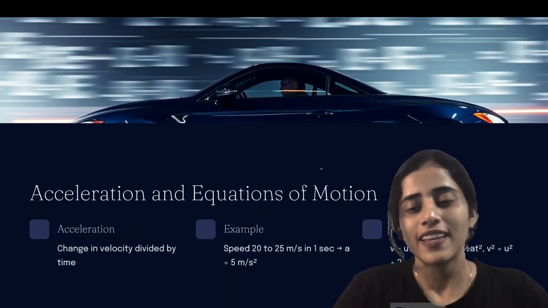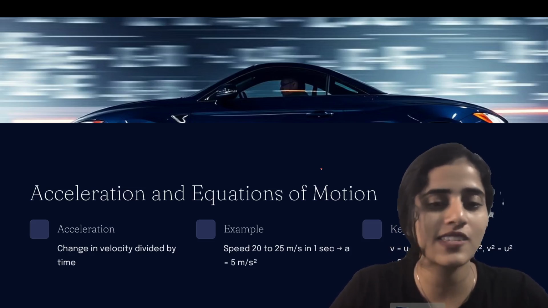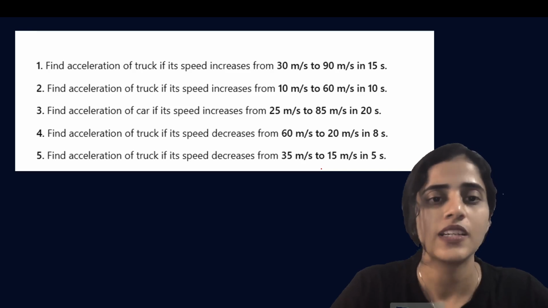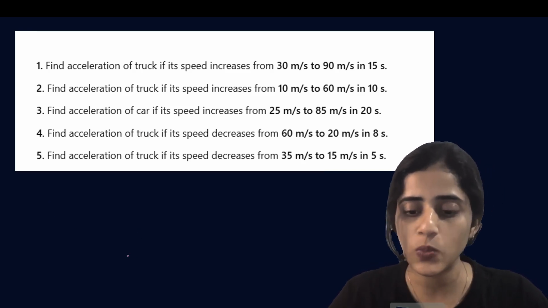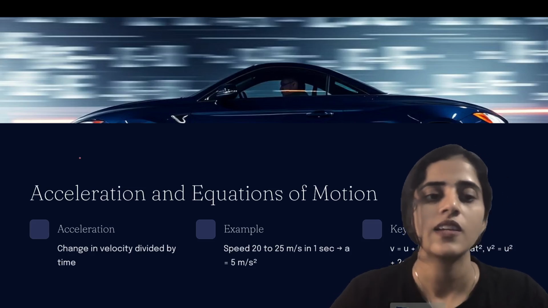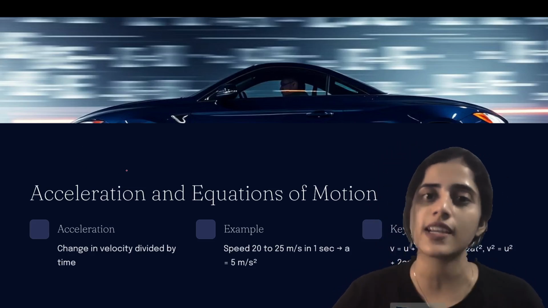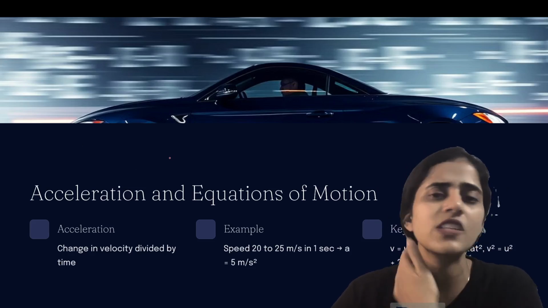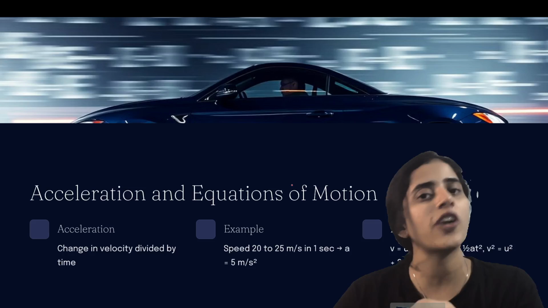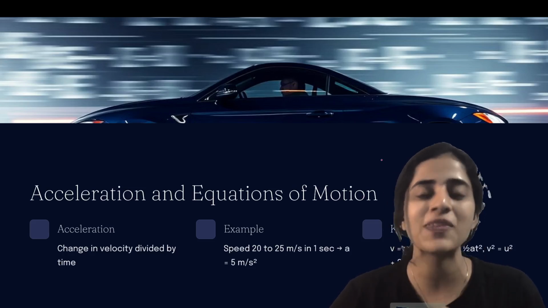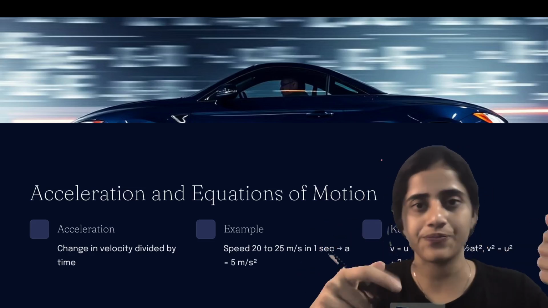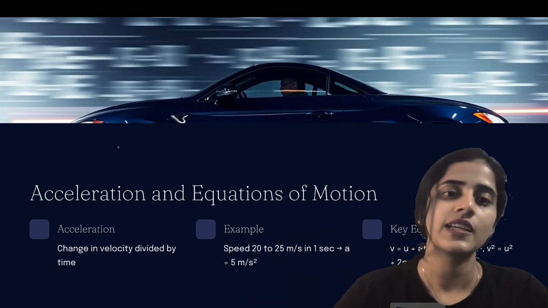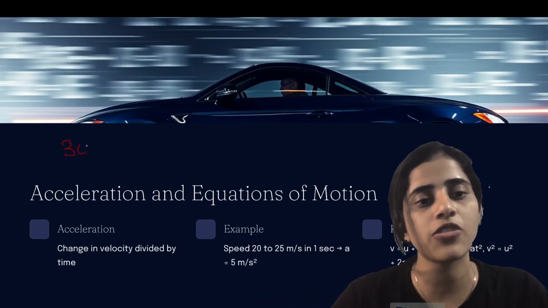Okay. Next are equations of motion and acceleration and all of that. So let's look at the basic formula for acceleration first, and then we can solve these questions. So first you need to know what is acceleration. You might have learned that, but if there's one student out there who does not know what acceleration is, then this is for you. Okay, what is acceleration? Acceleration is when you are driving, and let's say you are going with a speed of 30 meters per second.